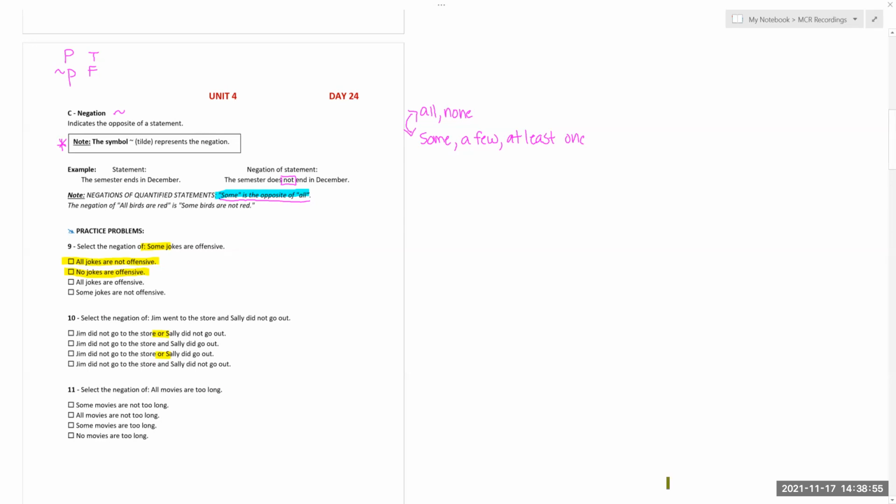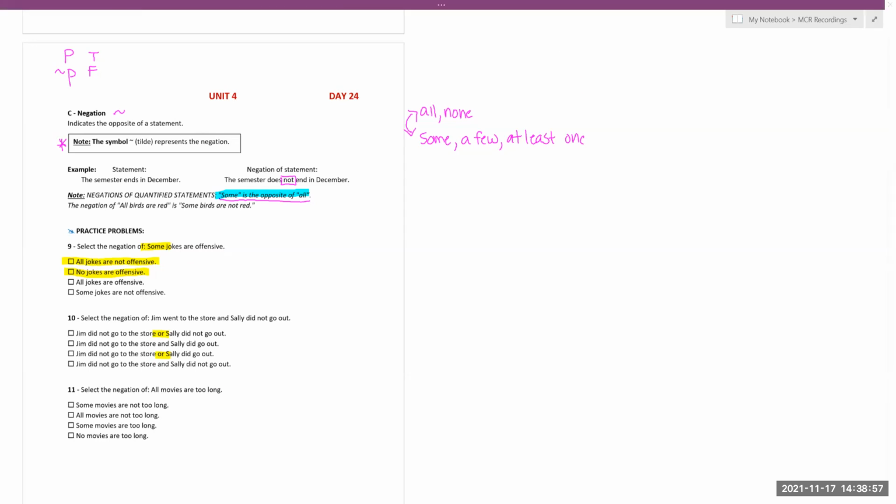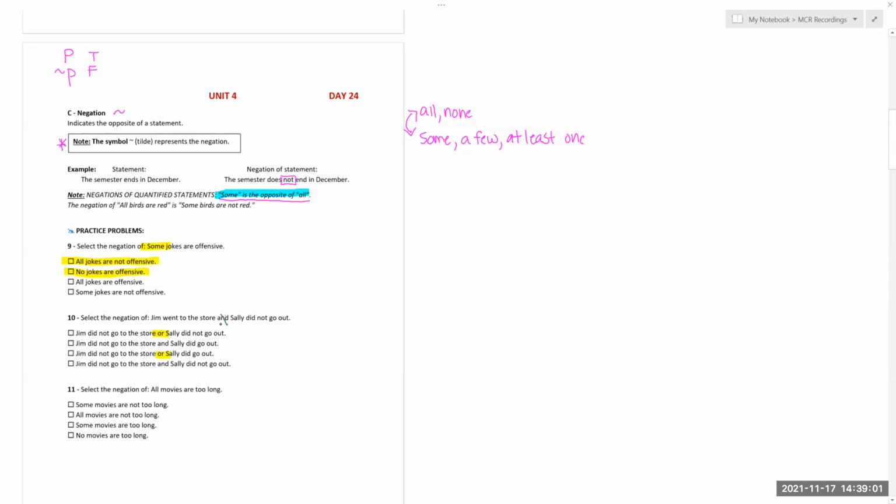So I only need to negate one of them. So I either need Sally did go out or Jim did not go to the store. So in that case, it's this one. Jim did not go to the store or Sally did go out.